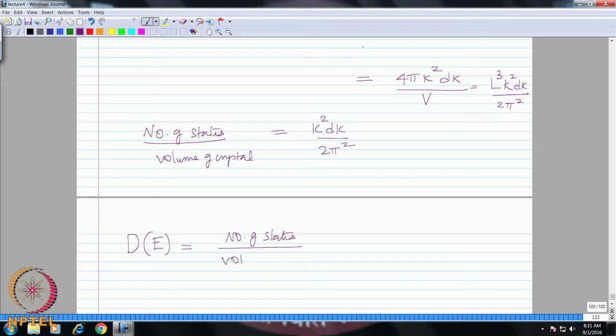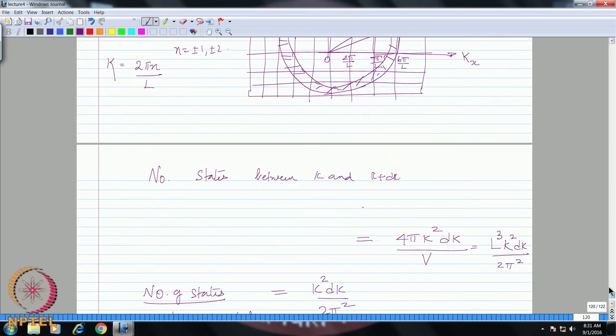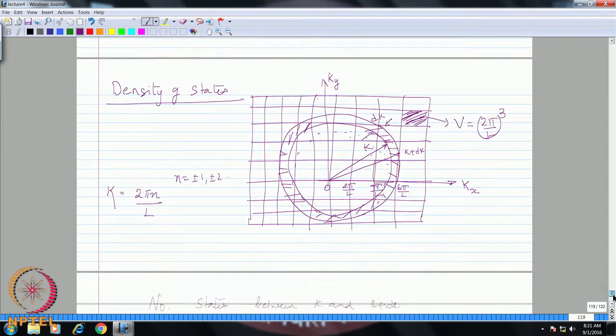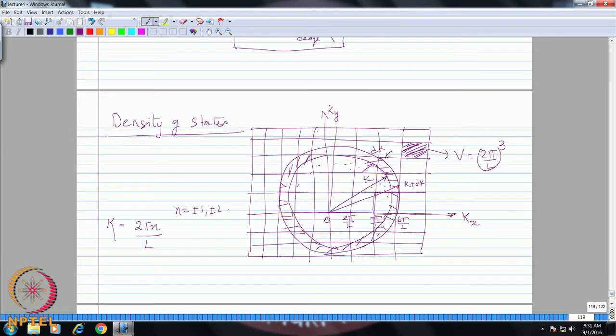That is, you have number of states per unit volume of crystal divided by dE. That means this dk what we have culled out of this map corresponds to a differential energy change dE. Your k is a function of E. So, when you say you have quantized your k, you have also quantized your energy levels.